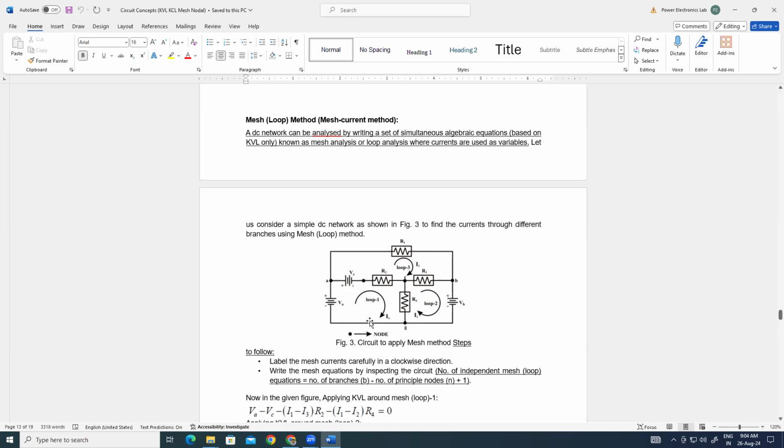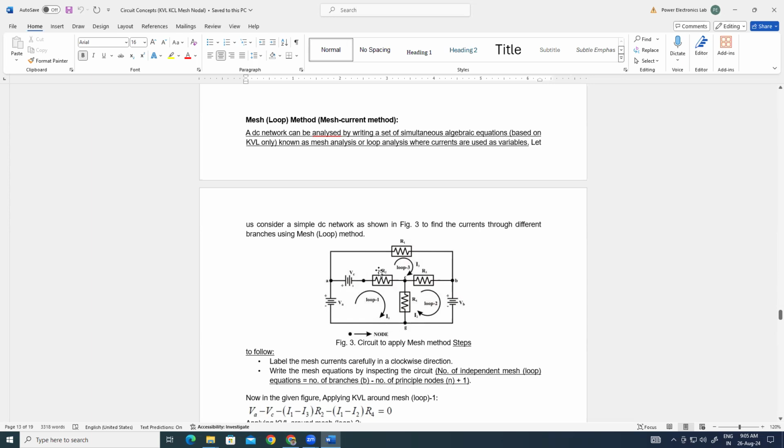Then we have to apply KVL in this mesh method. In each and every loop we have to apply KVL, and find the loop current KVL equations, the number of equations being based on the number of meshes. So in this problem we have to find three KVL equations based on the three loops: loop 1, loop 2, loop 3.